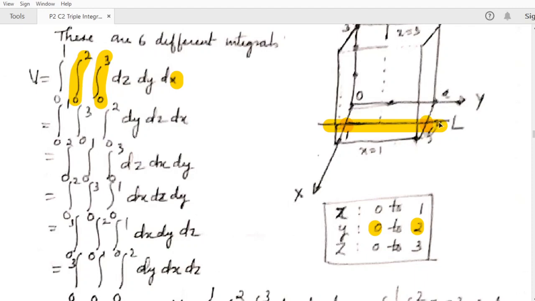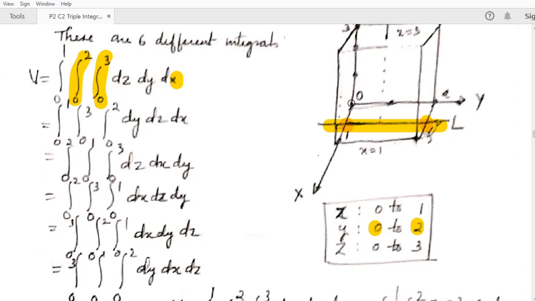So we can see that this line L covers this region, the shadow, when we shift this line from this point to this point.